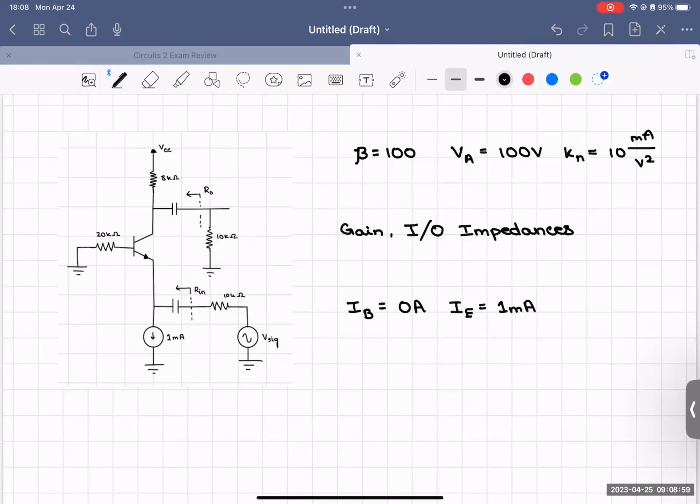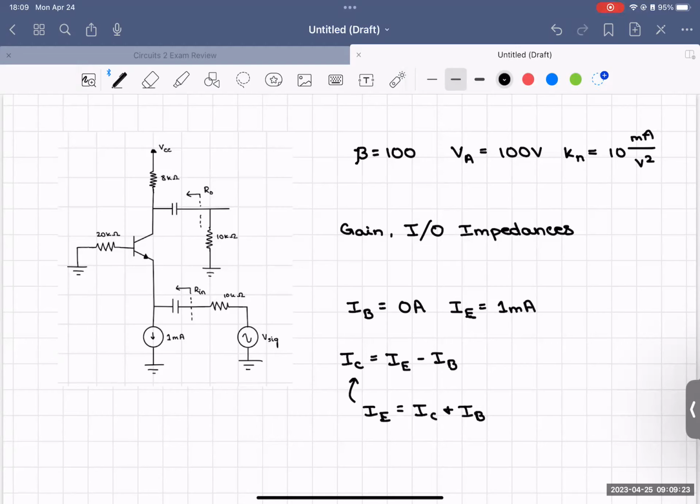Because the base current is 0, we know what the collector current is, because the collector current is equal to the emitter current minus the base current. You'll see this equation on your sheet: the current at the emitter is equal to the collector plus the base.